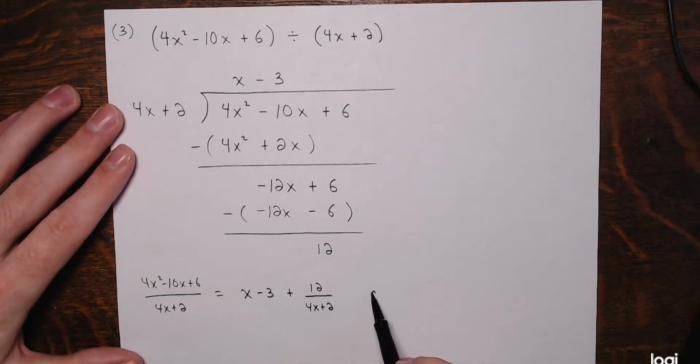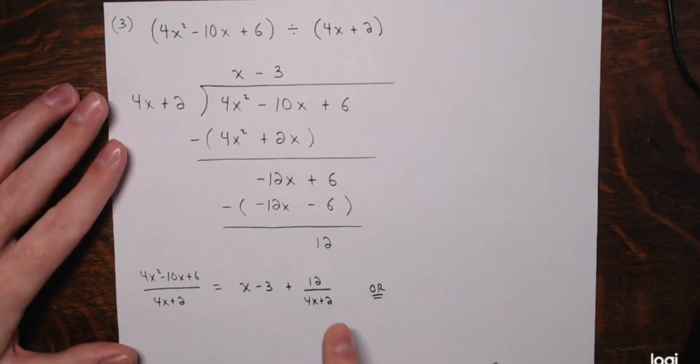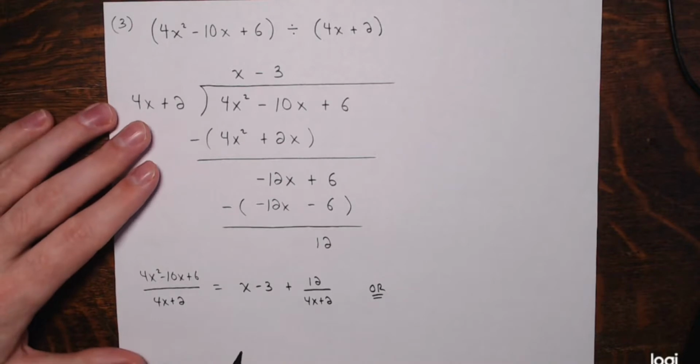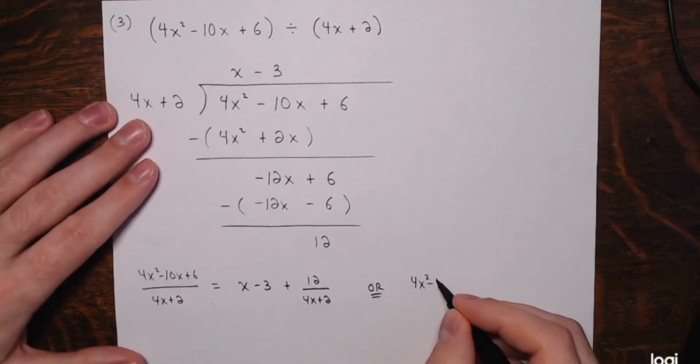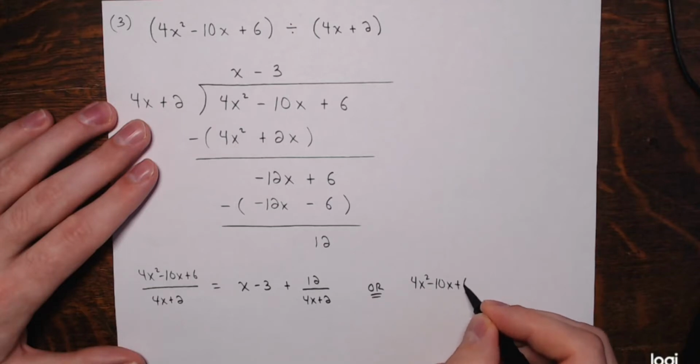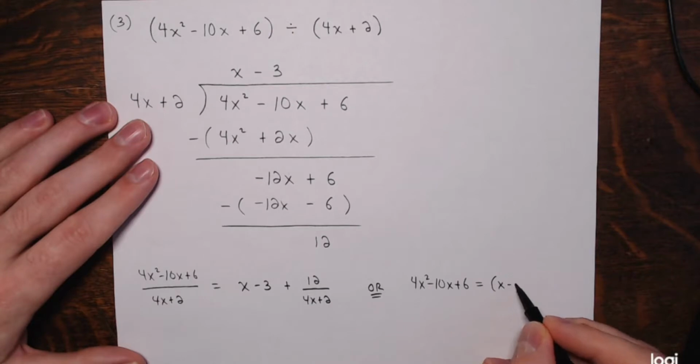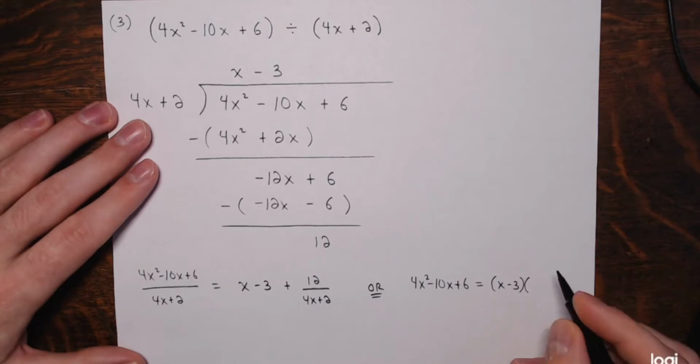Or, if you multiply everything by the divisor, you'll have 4x squared minus 10x plus 6 equals the quotient, x minus 3, times the divisor, 4x plus 2, plus the remainder, plus 12.